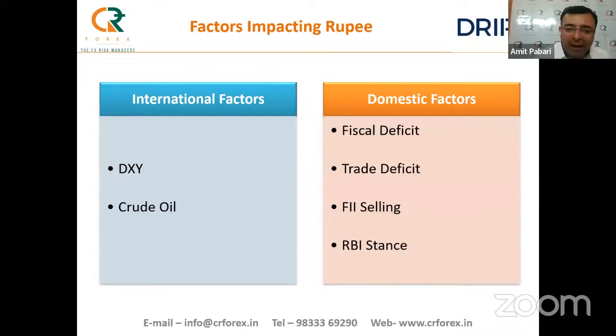In the international factors, there are two major factors, DXY and crude oil. DXY, we have discussed that right now, the dollar index, because of the Russia-Ukraine crisis and because of Fed tapering, is going to move towards 102 levels. That is sure.